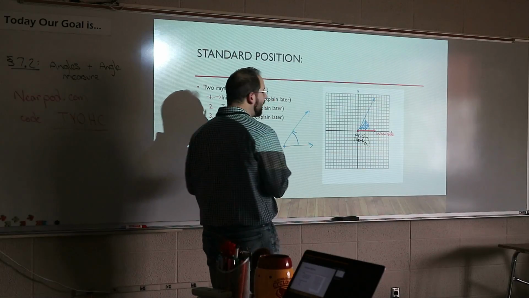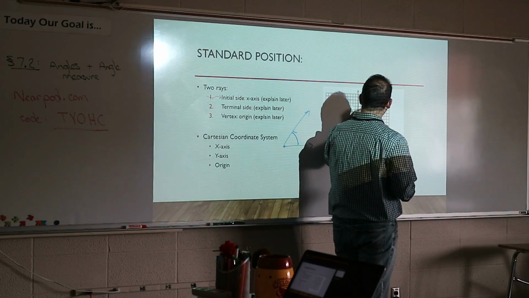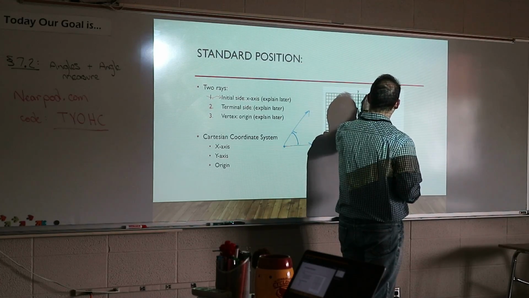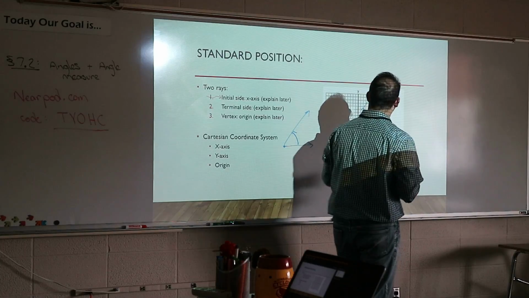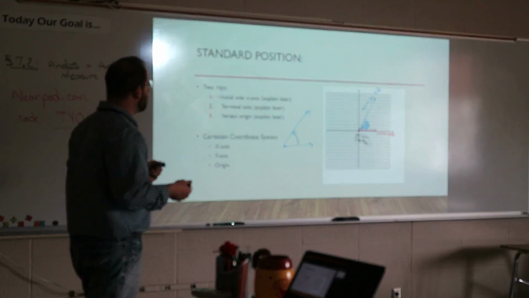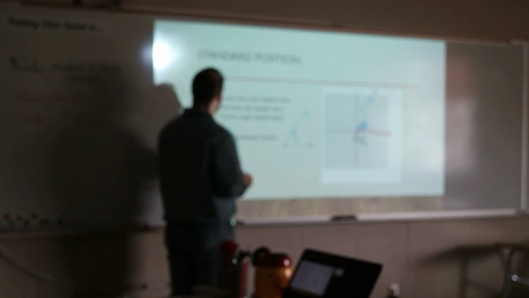And then the last line that you just drew, the one that came off it that you put anywhere you want, is called the terminal side. It's where you ended. All these words are up here, by the way, on your slide, so I'm not making them up and you know where to put them.